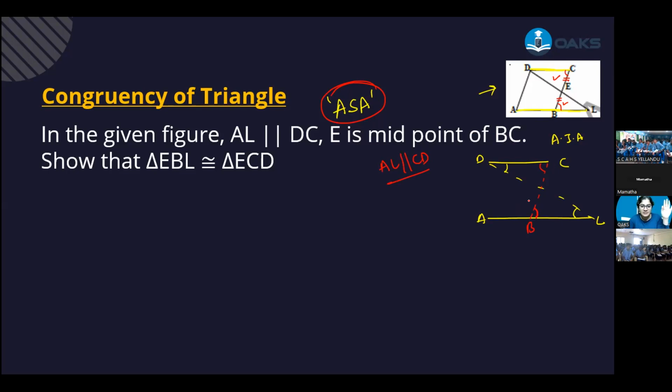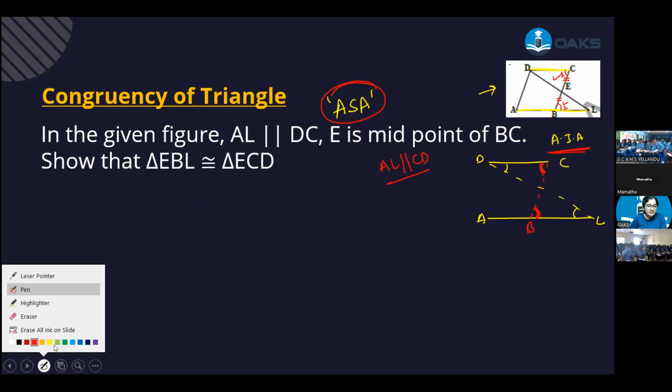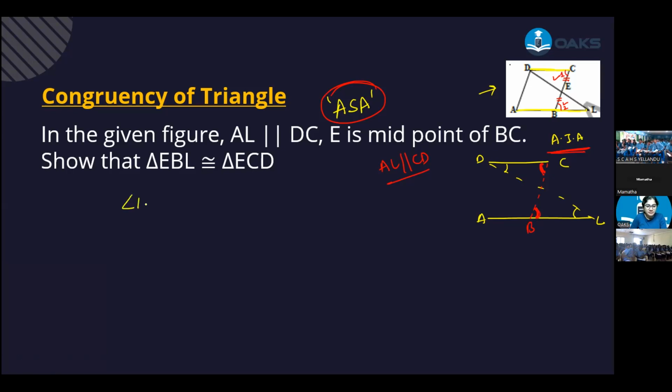Anyone can see this? AL and CD are parallel lines, and CB is acting as the transversal, so these two angles are again alternate interior angles. Now I'll name the angles: this is 1, this is 2. Can I write angle 1 is equal to angle 2? Angle 1 is equal to angle 2 because of alternate interior angles, right?